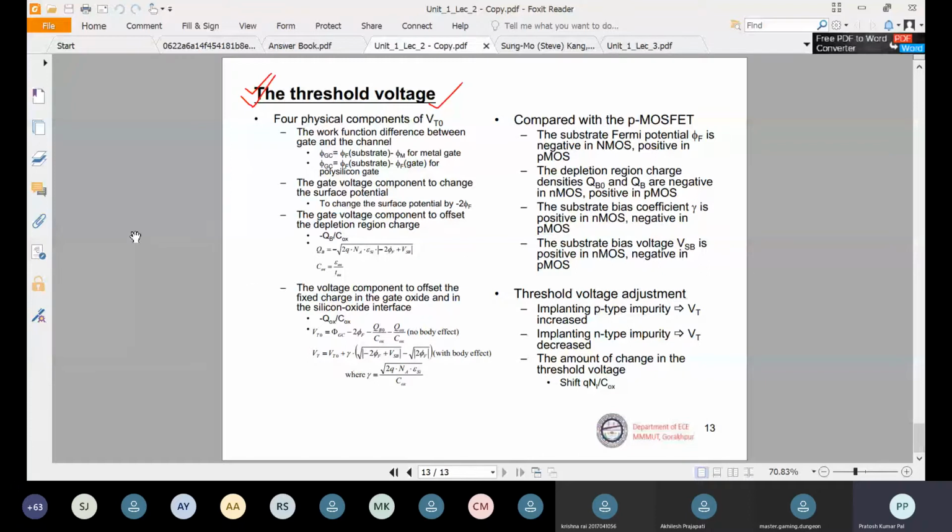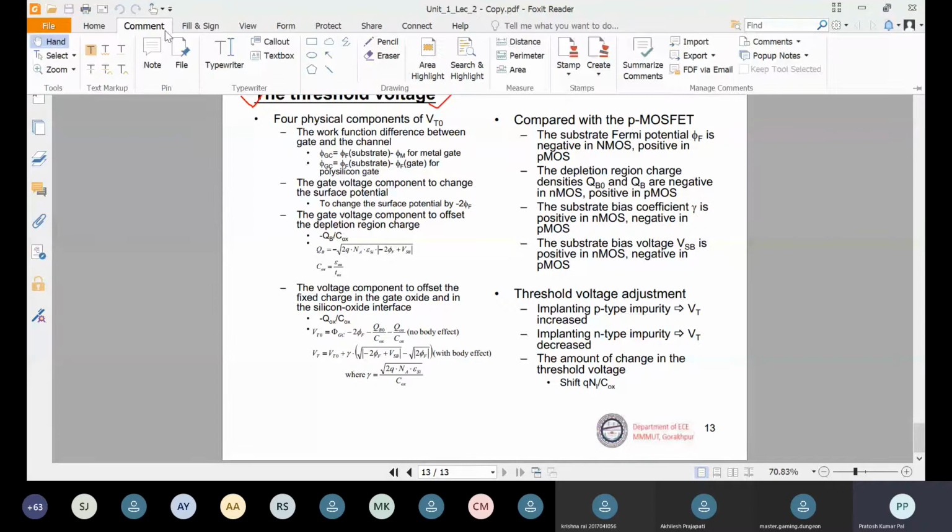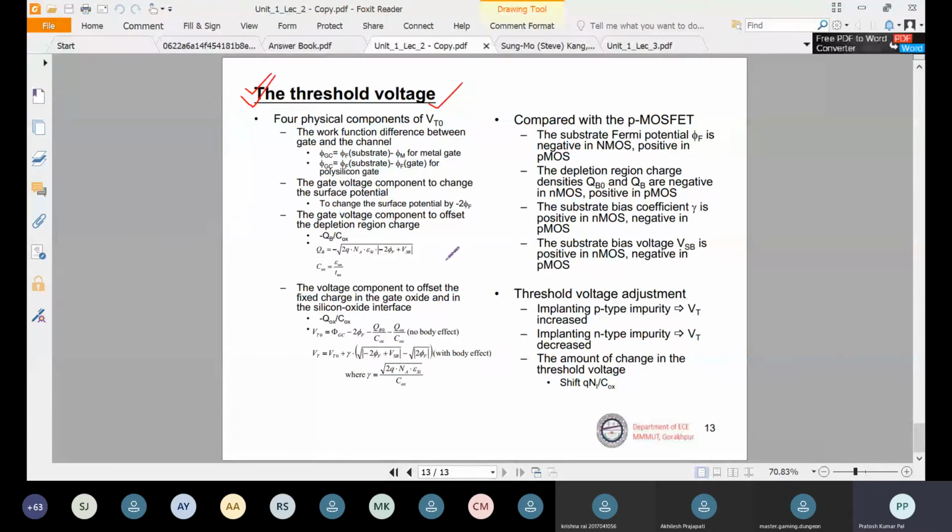We have seen that in the previous lecture. Next we will see the threshold voltage. The threshold voltage has four different components. Our threshold voltage is represented by Vt.